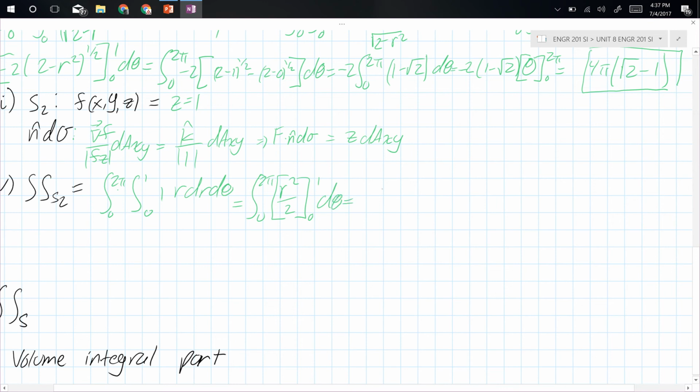This would equal the integral from 0 to 2 pi of 1 half minus 0, so 1 half d theta, and then this would equal 1 half times theta from 0 to 2 pi, so we'll end up getting pi.